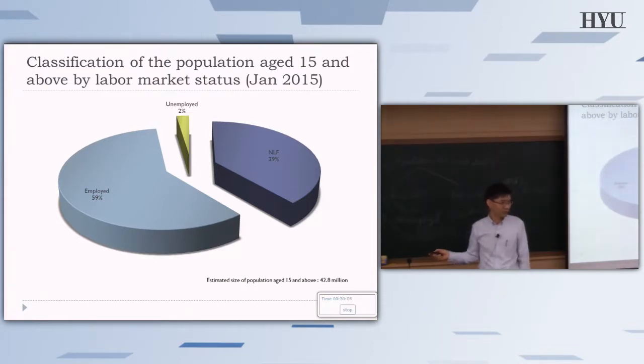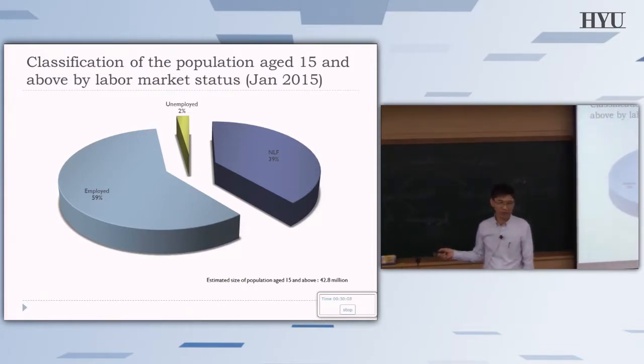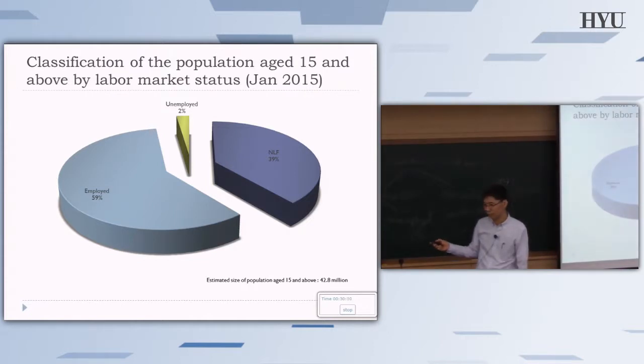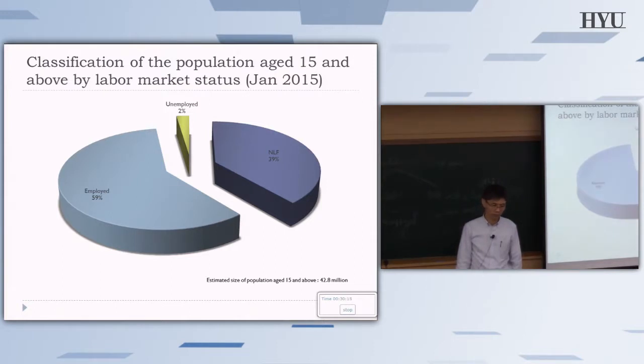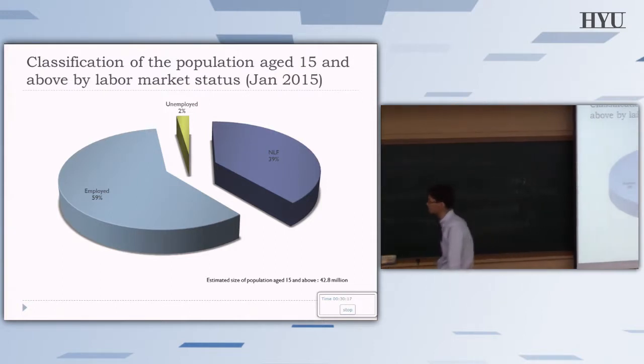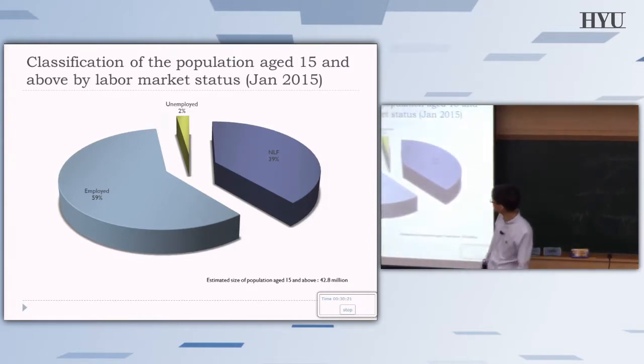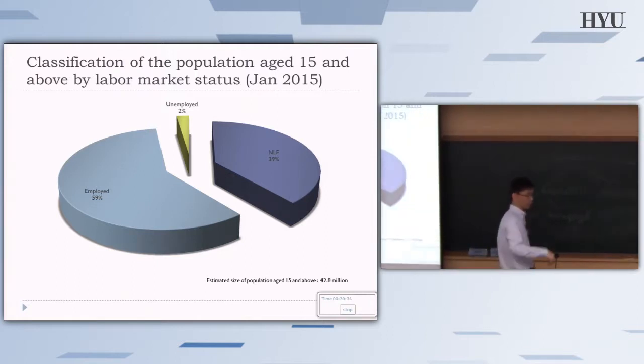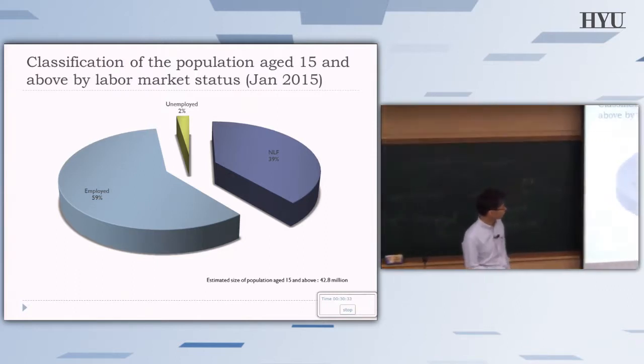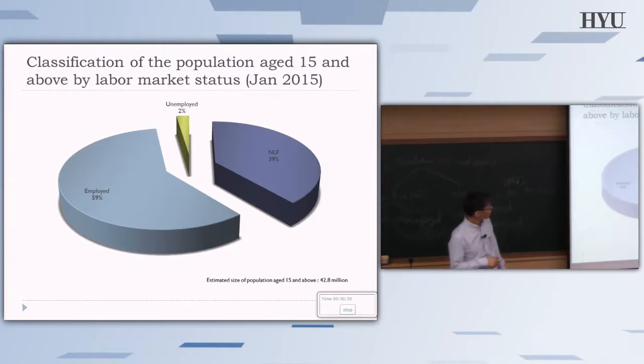Okay, it's a bigger number than 2%, because what you should do is 2 divided by 61, the LF. So we have about 60% of people working in this country, for those 15 or older. Yeah, we will look at the statistics in more detail.